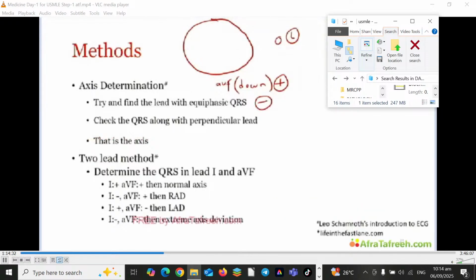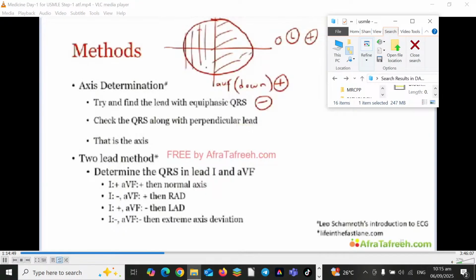Similarly, 0 degrees represents the left side. Anything present on the left side would be positive here, and anything present on the right side would be negative here.